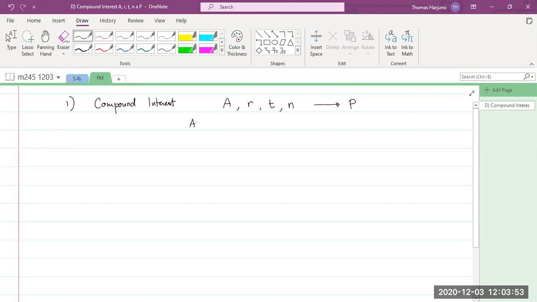Let me define what's my A here. My A is the amount saved or deposited. R is the annual interest rate. The T is the time saved, time in deposit or in the saving, and then N, number of compounding.